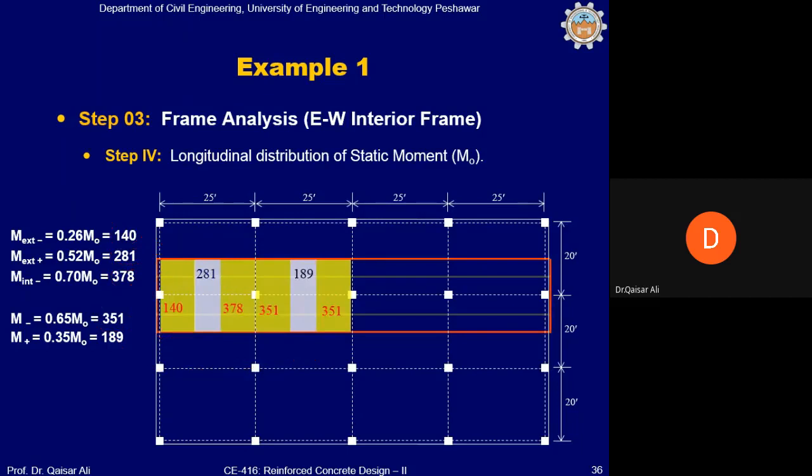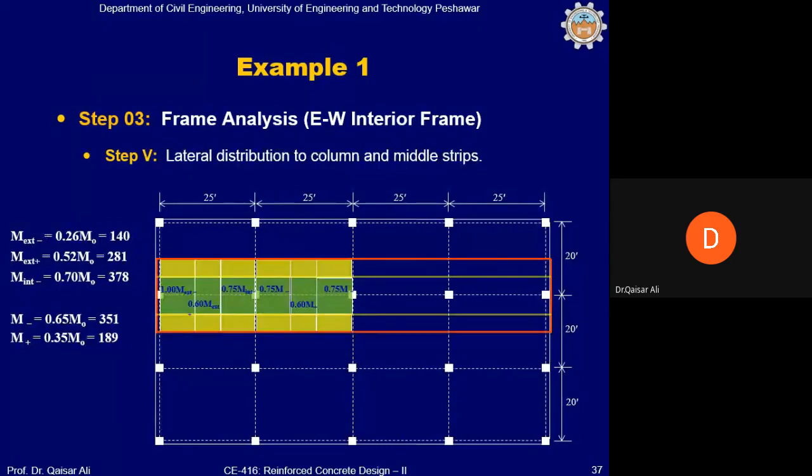In the next step, lateral distribution will be done. Lateral distribution will be done according to the coefficients for the column strip only. The middle strip bending moment will be obtained from the total bending moment in that portion minus the column strip. So this is the exterior negative moment, which means this 140 completely will come here.